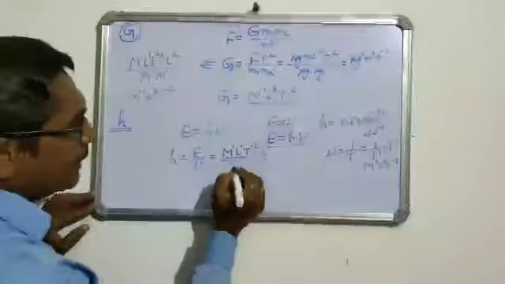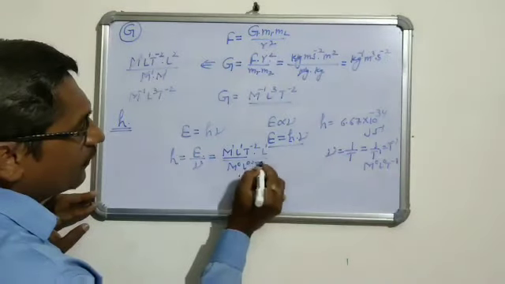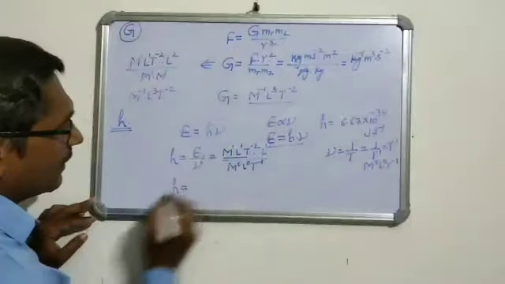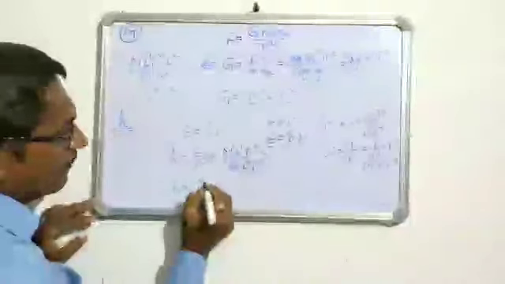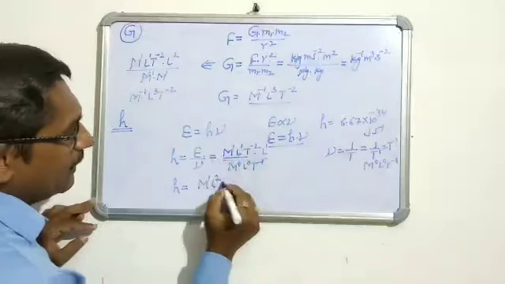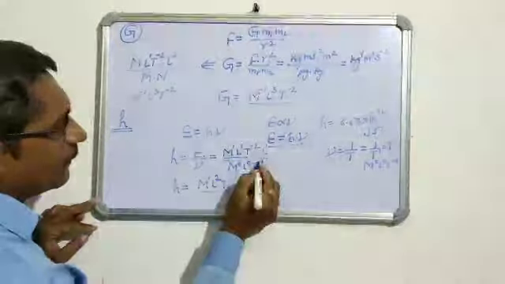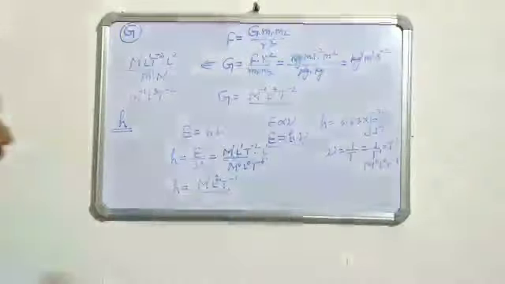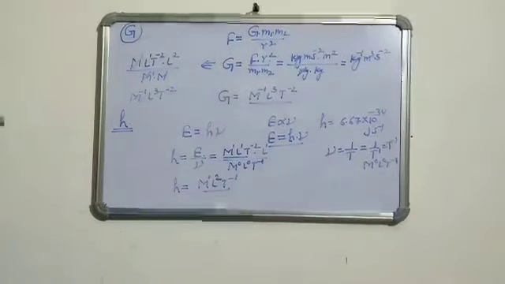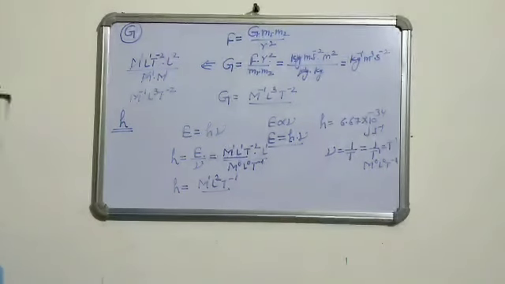So the dimensional formula of Max Planck constant h is equal to M1 L2 T minus 1, because the minus sign in the denominator converts into positive. This is the dimensional formula of Max Planck constant.